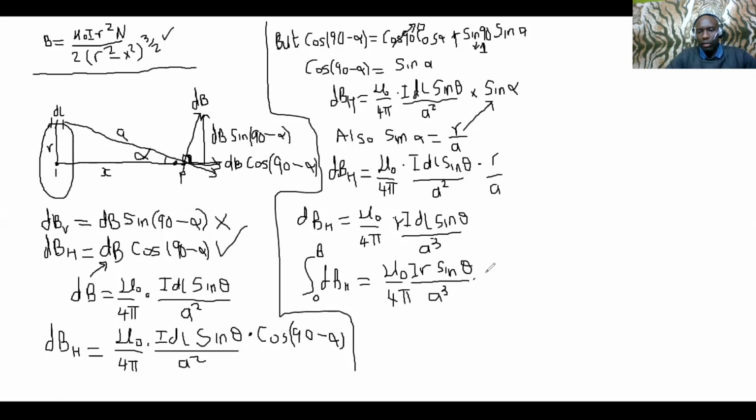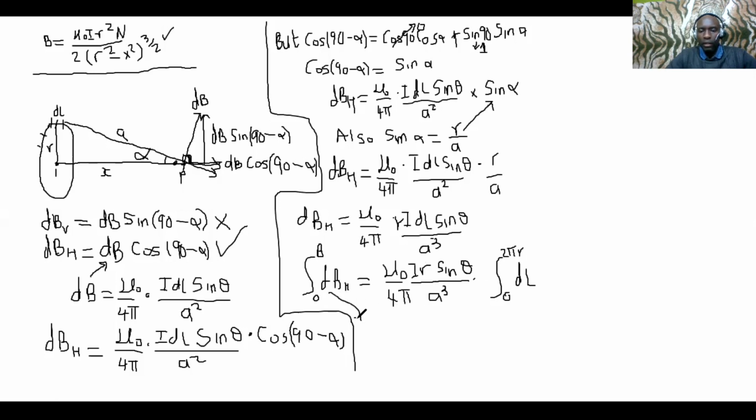Now I'm going to integrate that small length dl from 0 to 2 pi r. Why have we integrated from 0 to 2 pi r? Because when you consider all small elements along the circular coil, you are going to get the circumference of that circular coil. That is why we are integrating from 0 to 2 pi r.